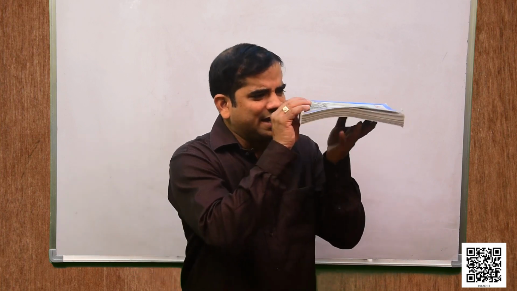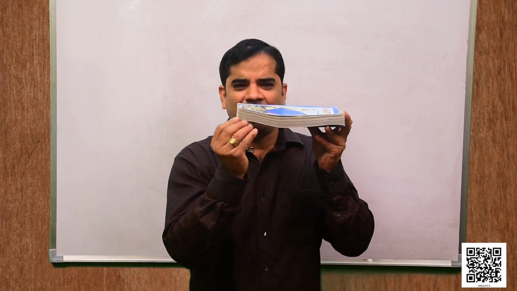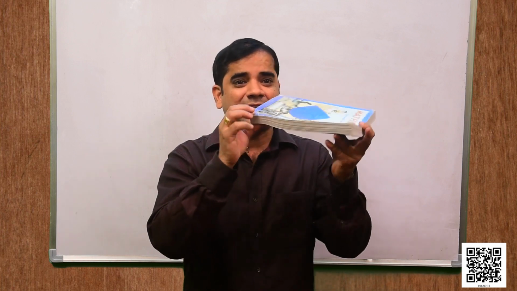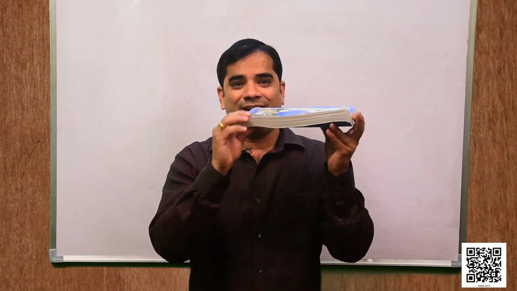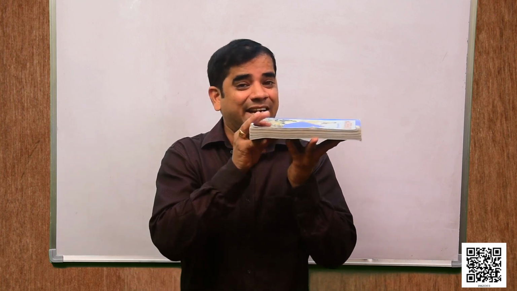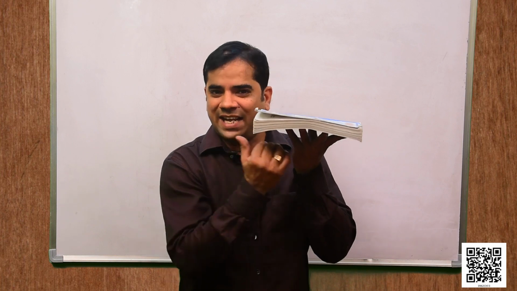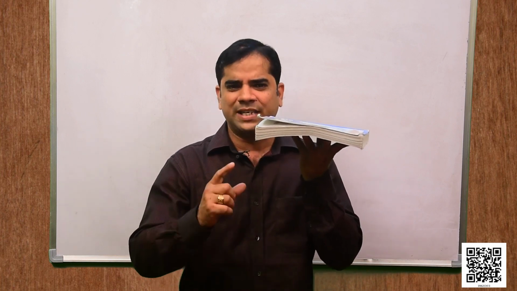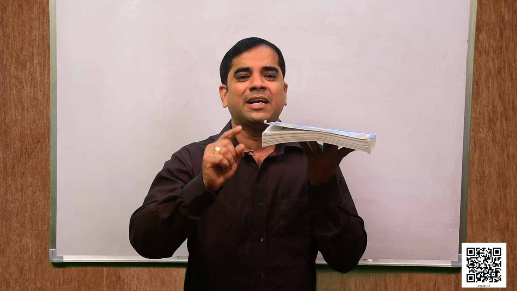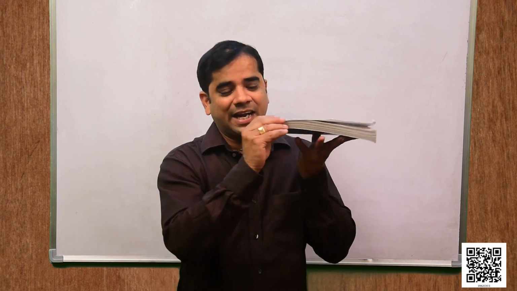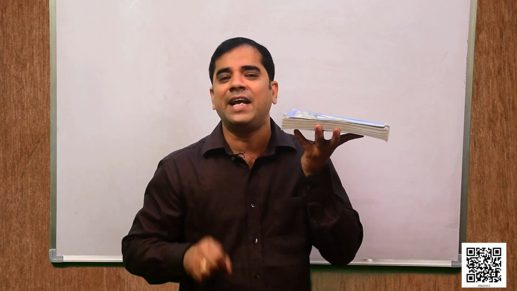Now this is the height. Now it is a cuboid. What is the area of the base? It is length into breadth, which is now represented by A as per your book, and it has gained a height of H.